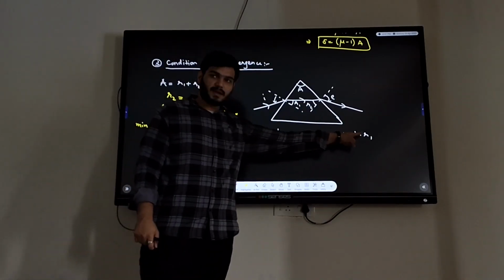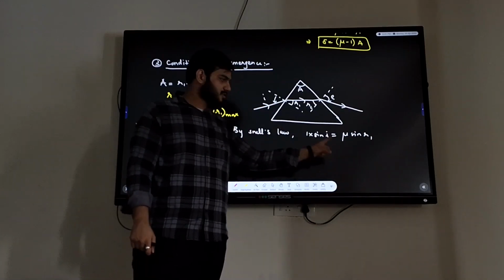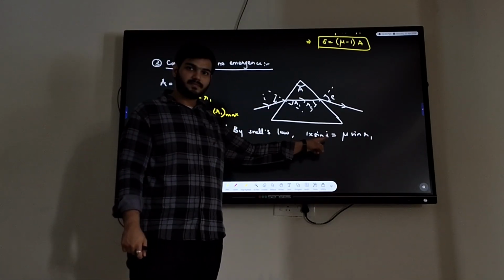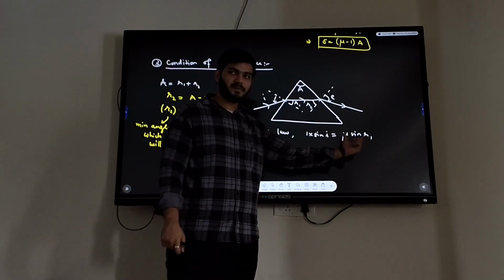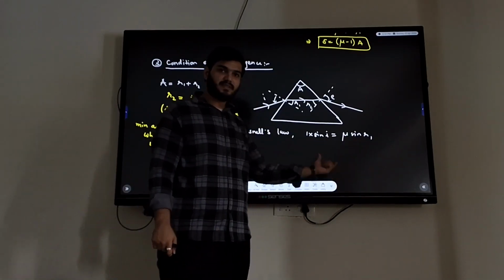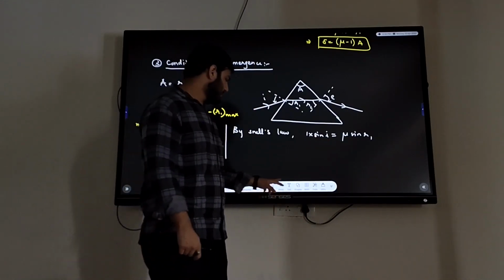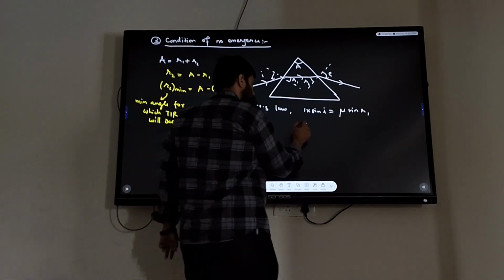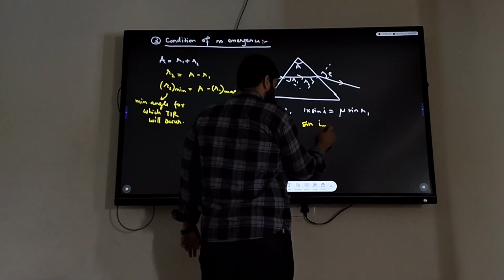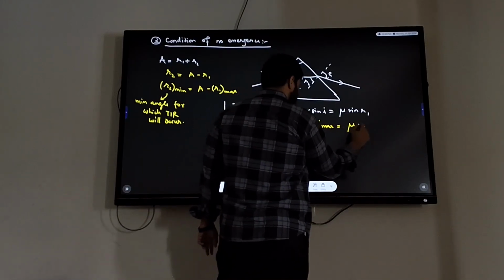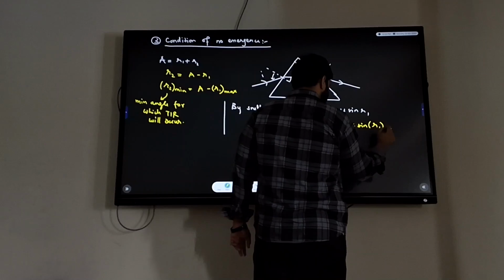If R1 becomes the maximum value, then I must also become maximum, because the RHS has become maximum. So sin I max is equal to mu sin R1 max.